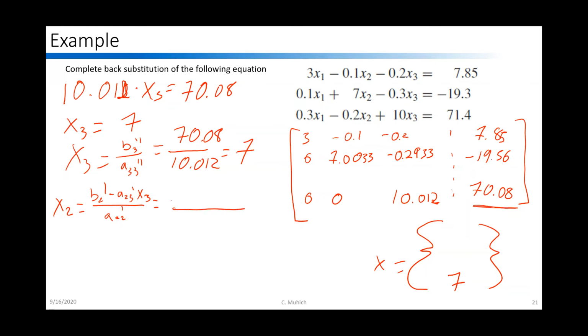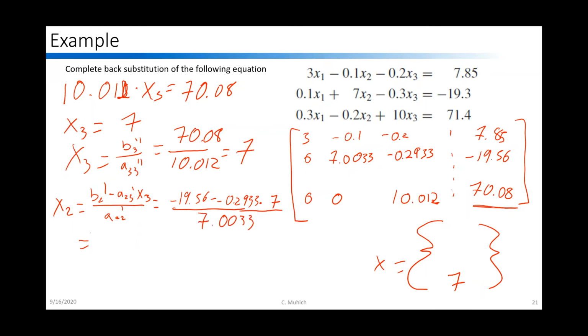I have negative 19.56 minus a23, which is negative 0.2933, times x3, which is 7, all over a22 prime, so that's 7.0033.